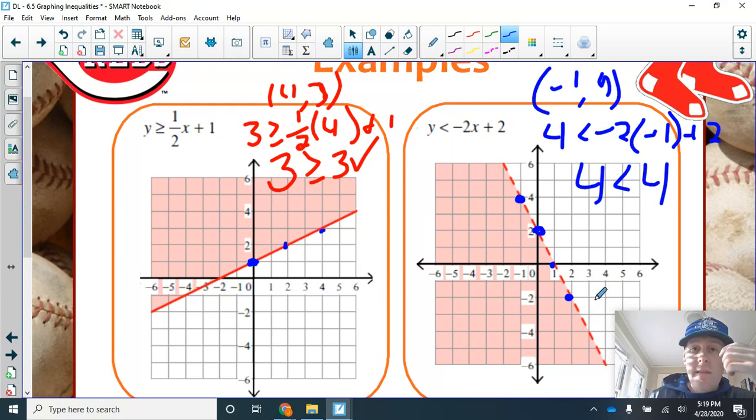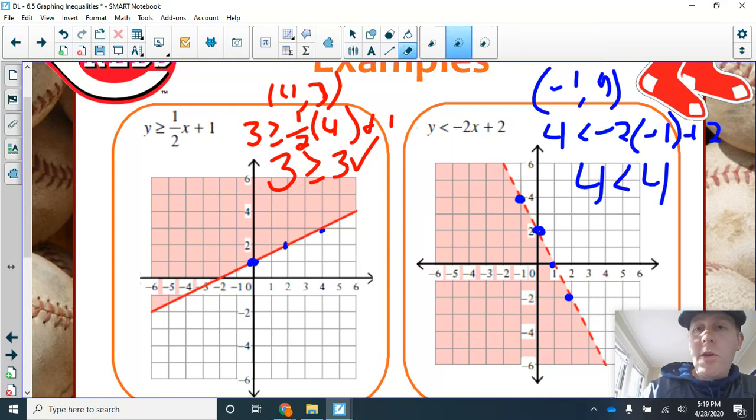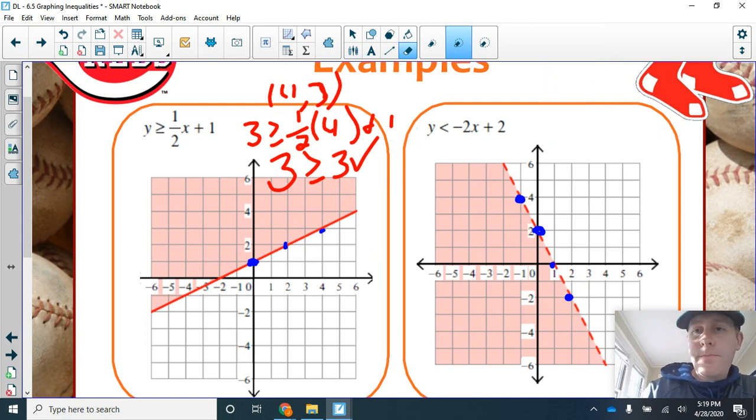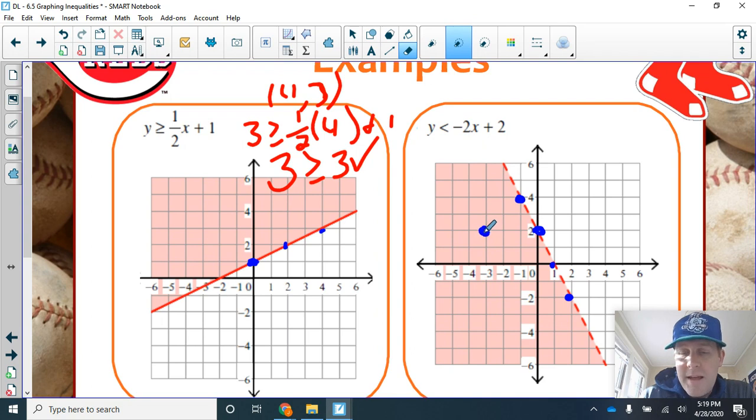Okay? Then another thing, if you really wanted to check what you could do, right now, I want you to pick any point in this shaded region, any point at all, and plug the x and the y value into this inequality, and it will make that inequality true. For example, I'm going to pick one at random, -3, 2. Okay, we'll plug that into my inequality.